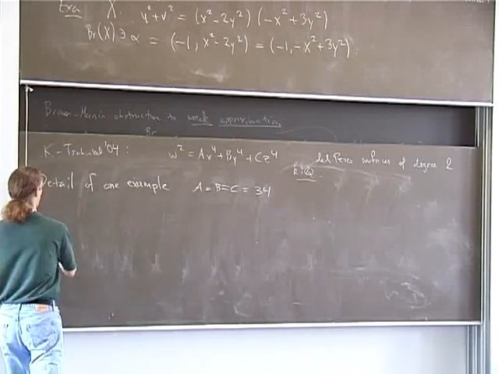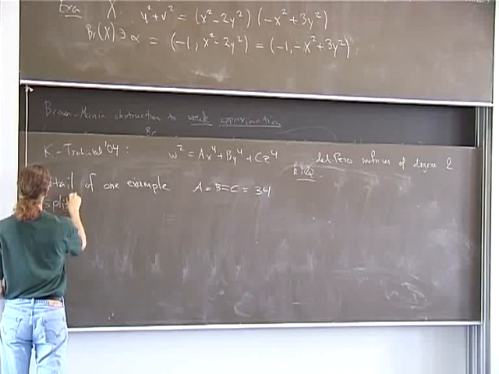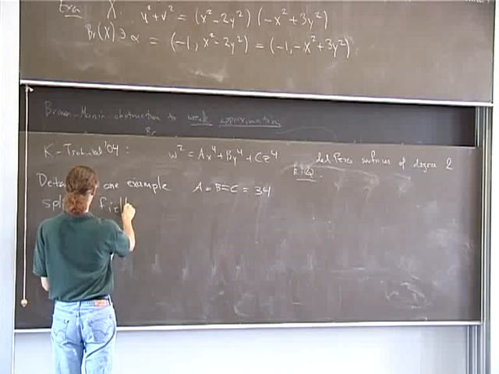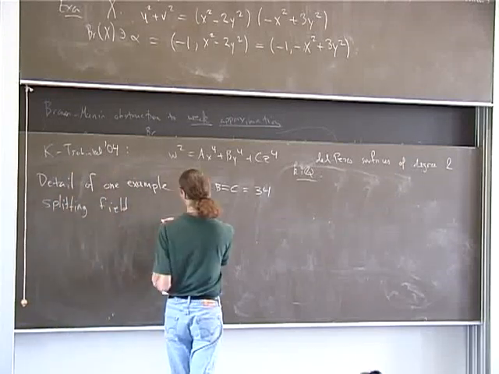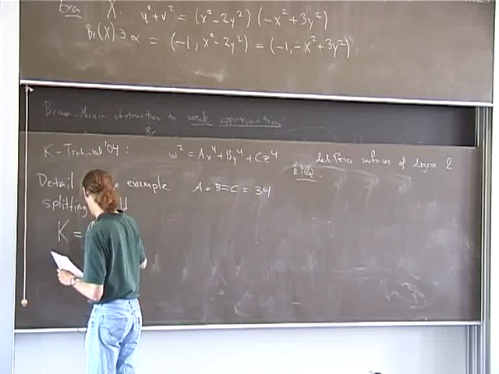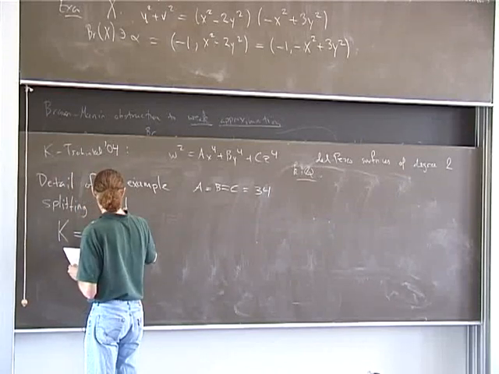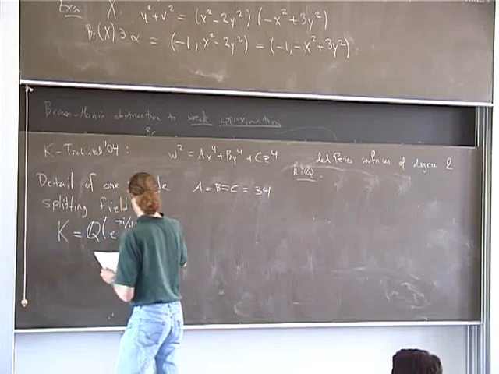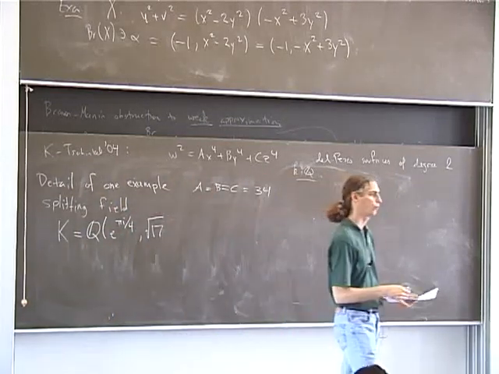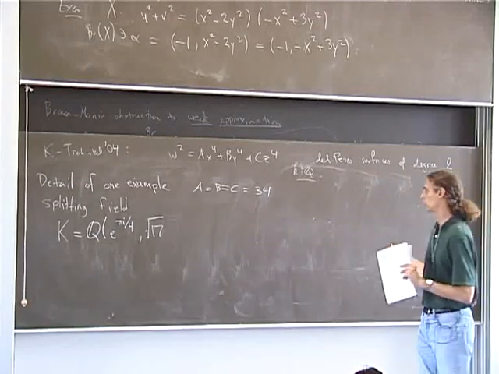Okay, so in this case, we have a splitting field. So you don't need the 4th root of 17 to define the exceptional curves.